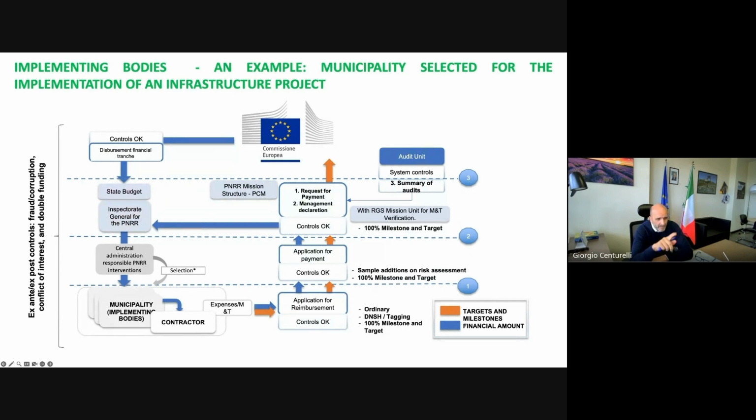So this is the accounting process, and this is the way that we can declare our achievement to the European Commission in the RRF process.